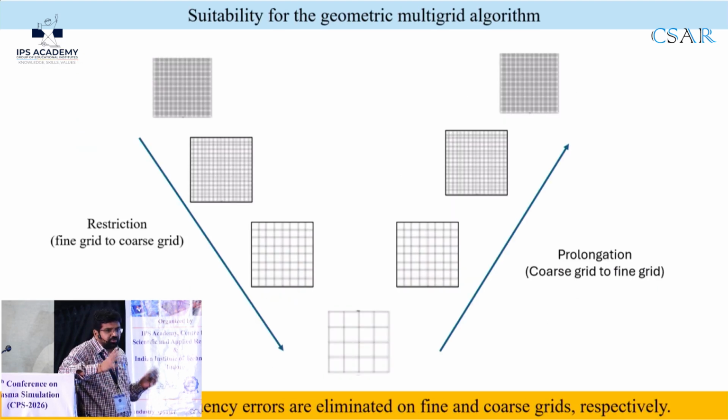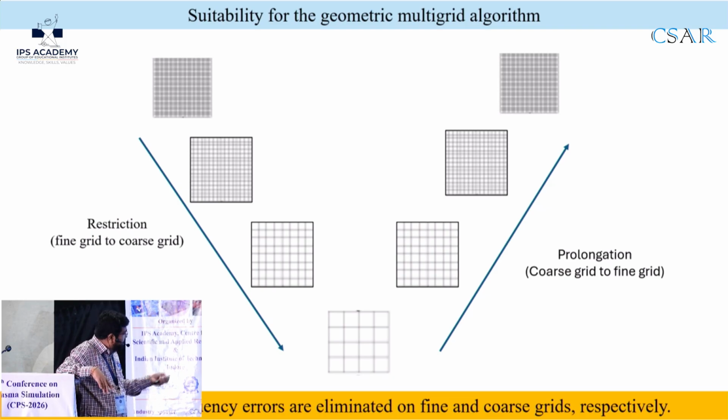Another advantage of this method is that you can implement your multi-grid algorithm on this. Multi-grid, as we know, starts with the idea that you work with a fine mesh, do a few iterations of Jacobi or Gauss-Seidel on the fine mesh, then transfer the residual to a coarse mesh, and again do a few iterations. The main idea of multi-grid is that high frequencies are eliminated on a fine grid and low frequencies are eliminated on a coarse grid.